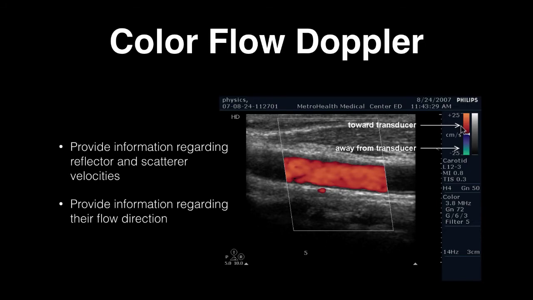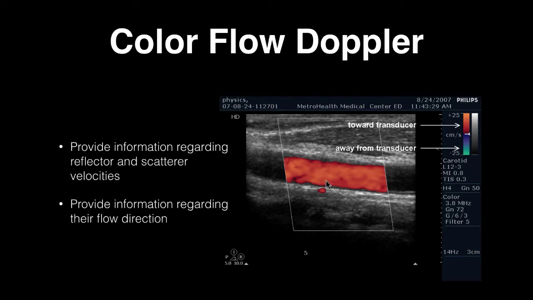So by traditional orientation, red is up on top here, and this means that the flow velocity is towards the transducer, and below, these bluish green hues represent flow velocities going away from the transducer.